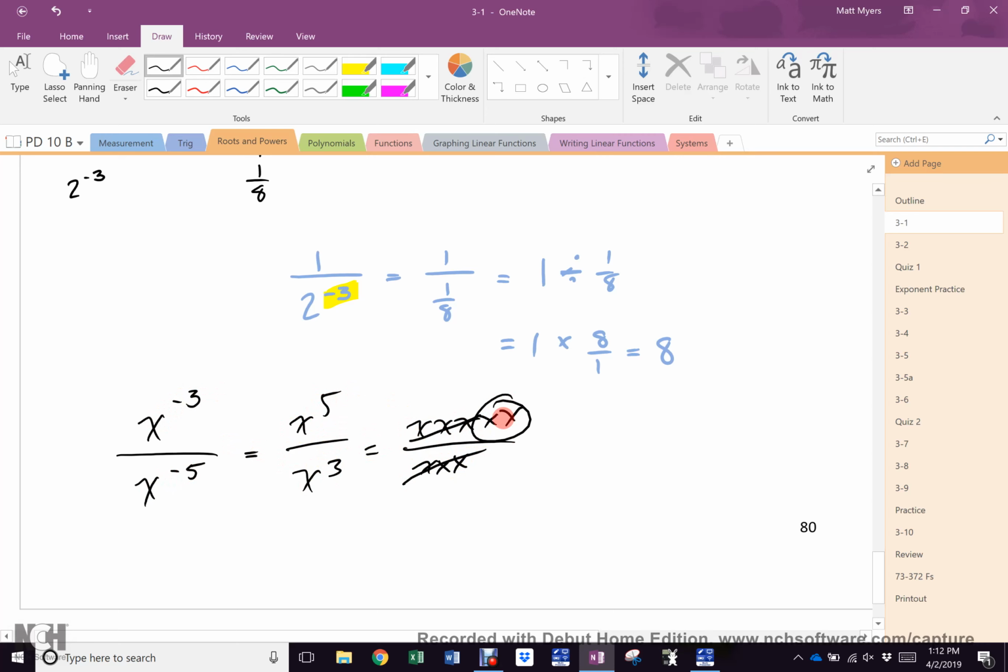Right? Now, is there a shortcut to get to here? Yes, because this is still an exponent law, isn't it? This is x to the negative 3 minus negative 5. Minus is what? x to the negative 3 plus 5, which is x squared.